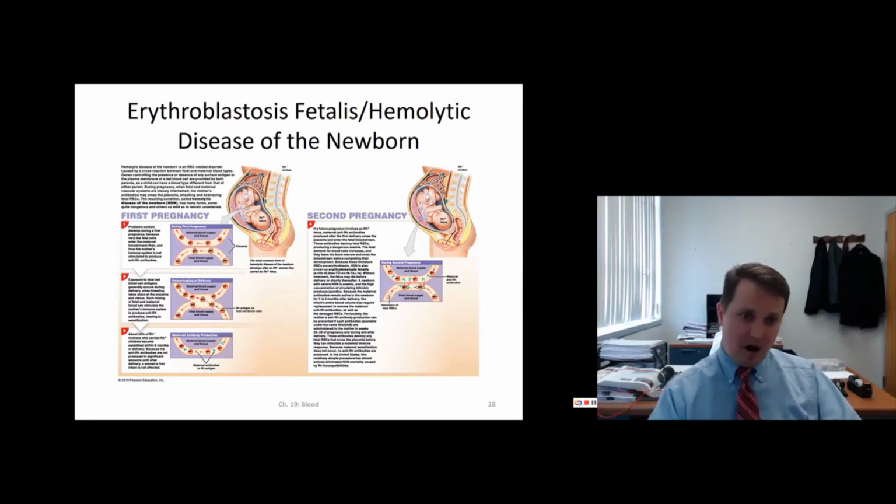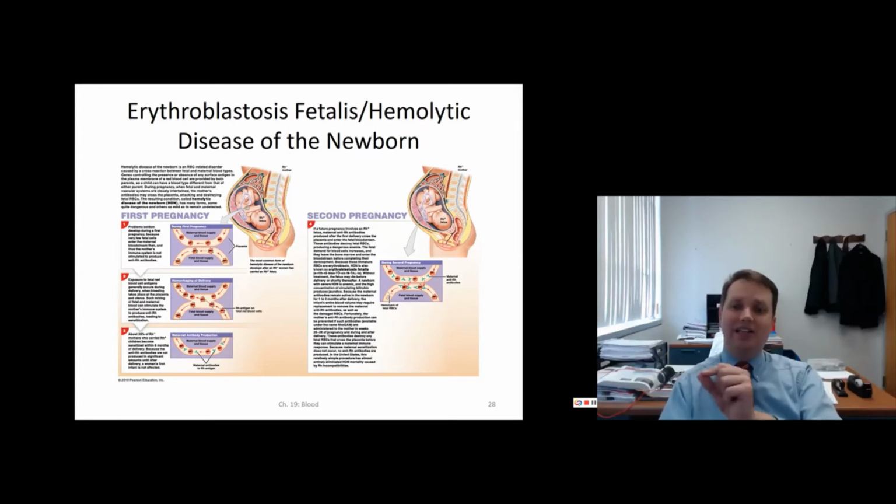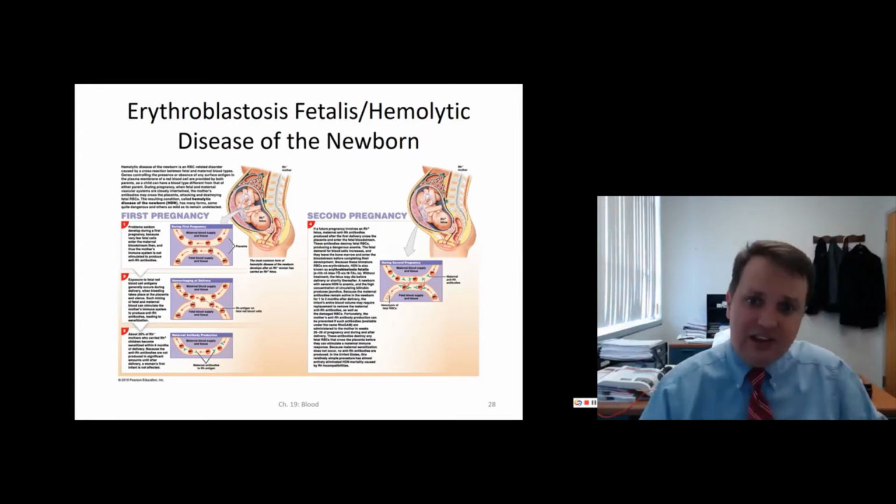Mama, after birth, has the anti-Rh antibodies, but antibodies can cross the placenta. And oftentimes the baby dies after birth. So this is why it's hemolytic disease of the newborn: the baby doesn't die in utero, it dies afterwards. So this is a cause of death.